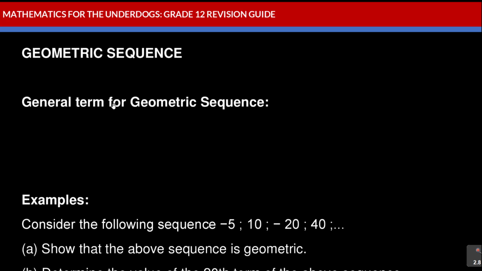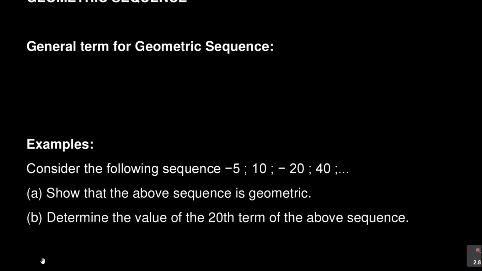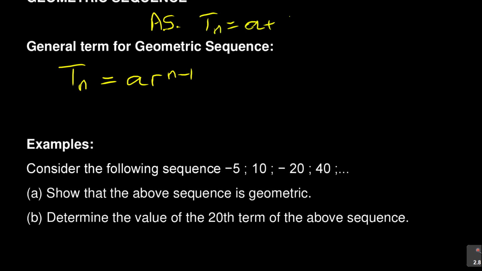Now, for the geometric sequence, there is a general term that you need to know, which says Tn is equal to a r^(n-1). Remember for the arithmetic sequence, we said Tn was equal to a plus (n minus 1) d. We explained d was the common difference, a was the first term, and n is the position of the term.